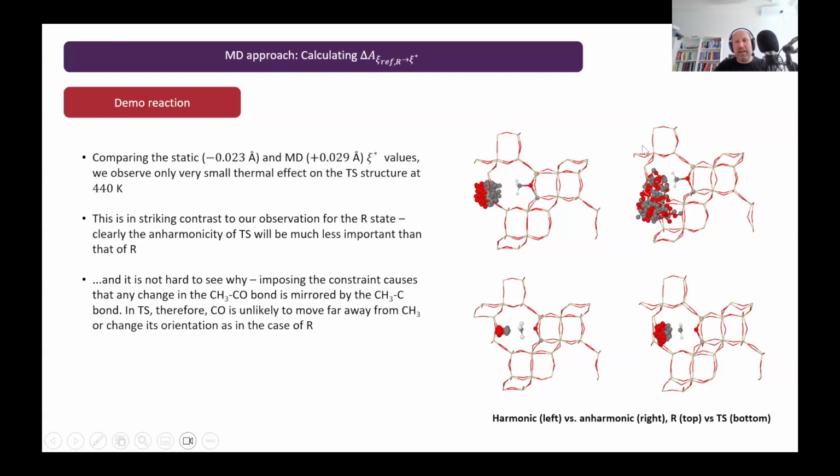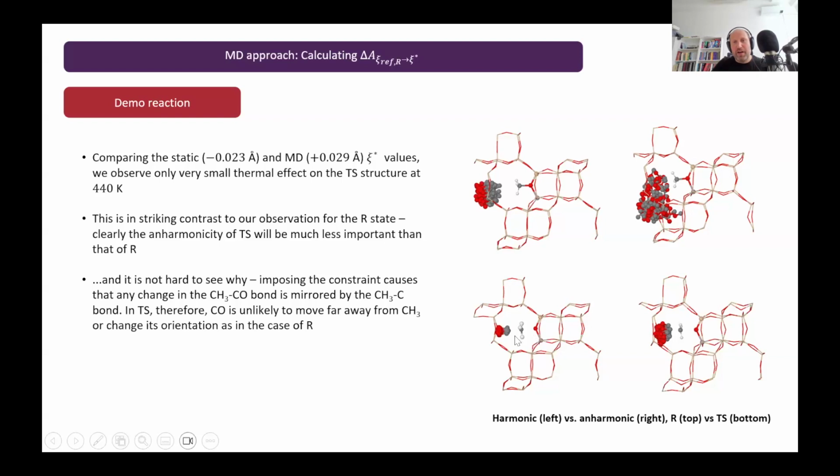So we see that unlike in the case of the reactant, the structure of the finite temperature and, so to say, static approach transition state is not very different. And this can be understood. This can be understood because when we impose the constraint and we demand that psi is close to 0, that also means that the carbon-carbon distance and carbon-oxygen distance must be about the same throughout the simulation.